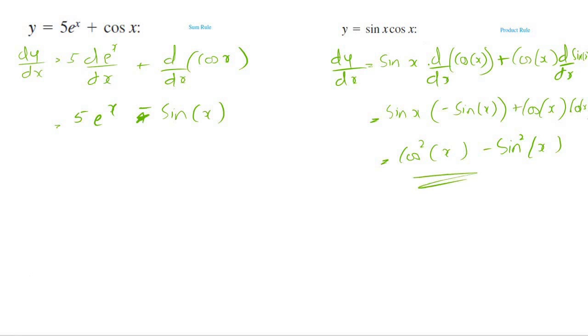Let's do a few more questions. So this is the quotient rule. We have to use the quotient rule. So we have a function in the numerator and a function in the denominator.